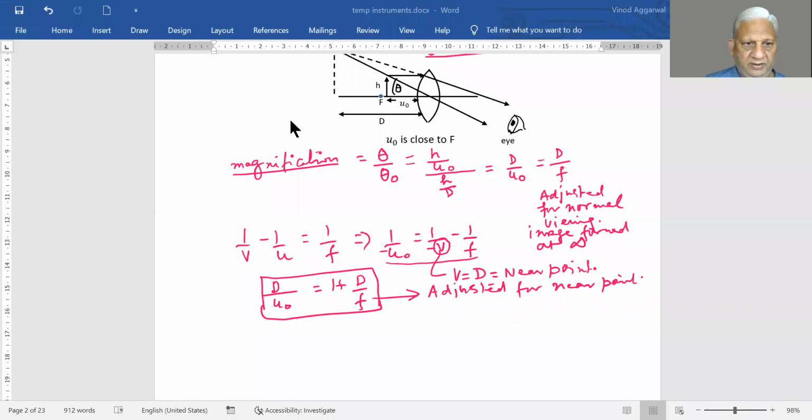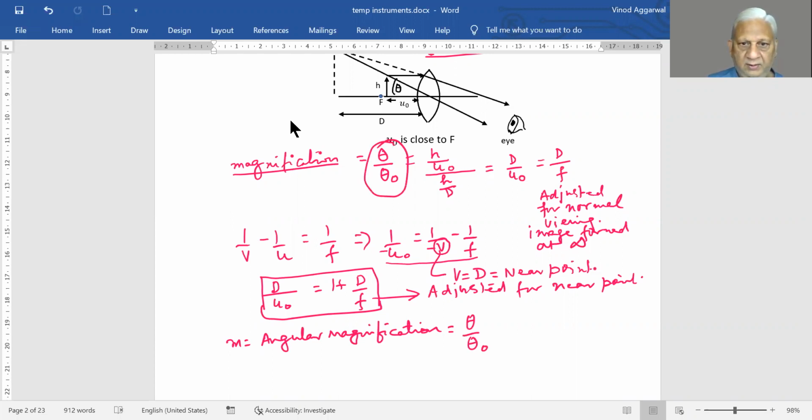Our formula for magnification, same as angular magnification, we have seen it earlier also.